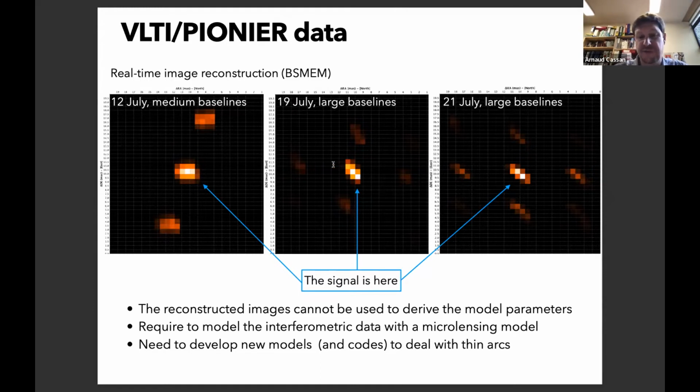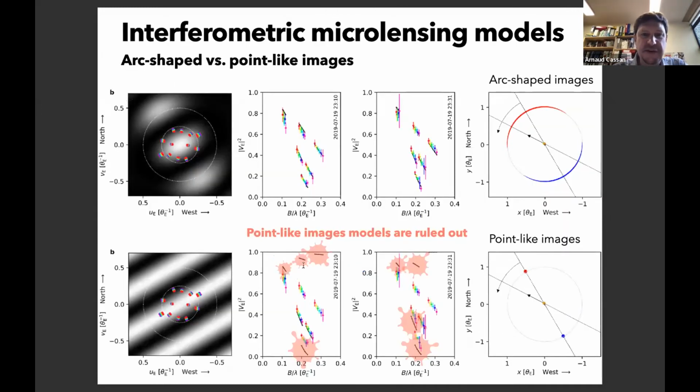Because if you just use some normal standard pipelines with, for example, two point images, then you don't fit anything. So we had to develop an interferometric microlensing model to deal with this new data that has never been modeled before, actually.